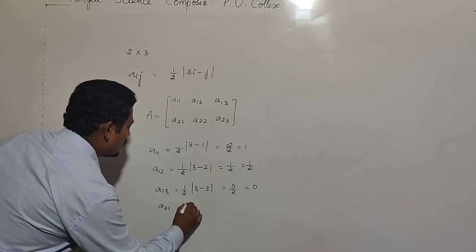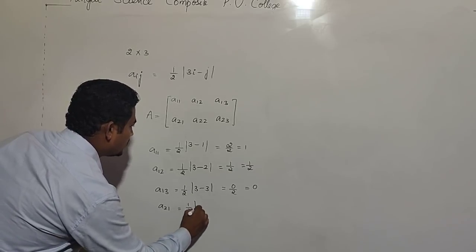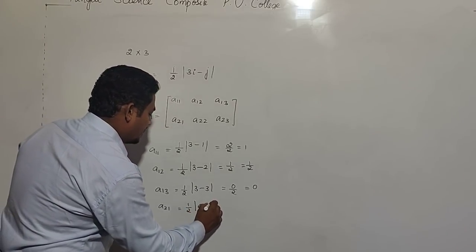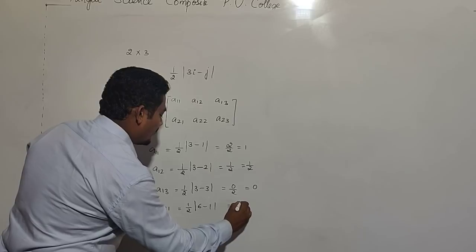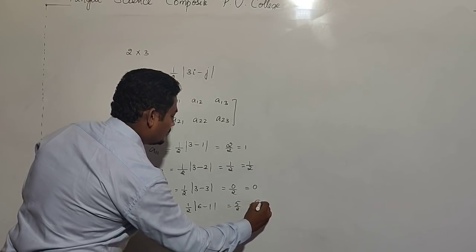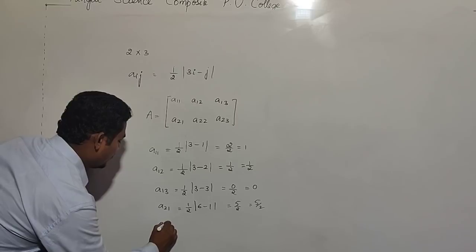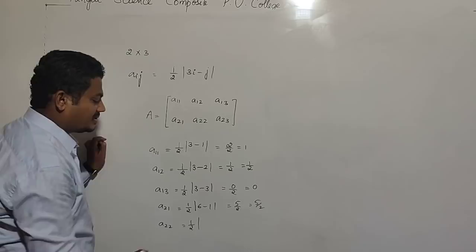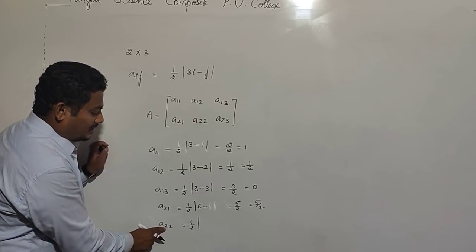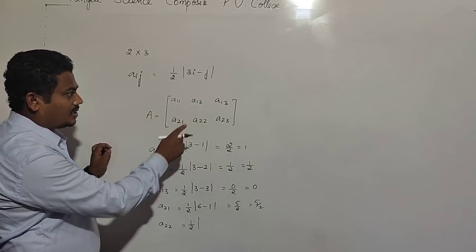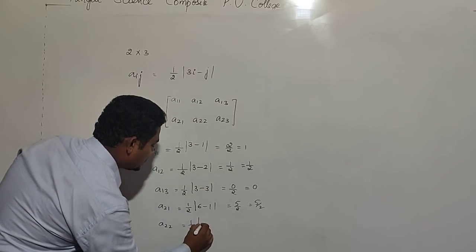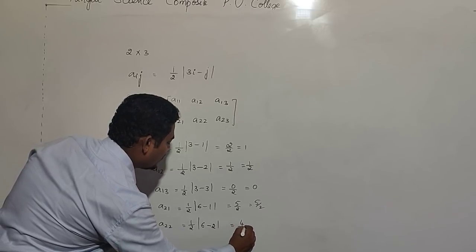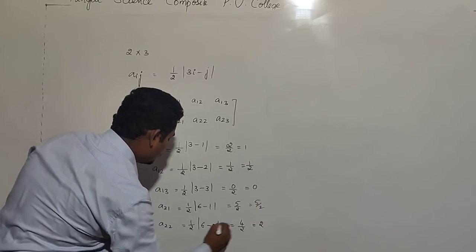Next element A21 is equal to 1 divided by 2 times modulus of 6 minus 1, which is equal to 5 by 2. Next element A22: 1 divided by 2 times modulus of, I value 2, J value 2, 3 into 2 is 6 minus 2 is equal to 4 divided by 2, equal to 2.